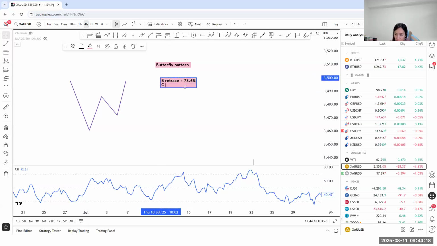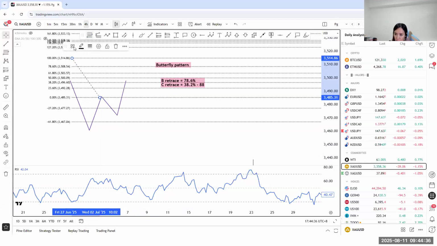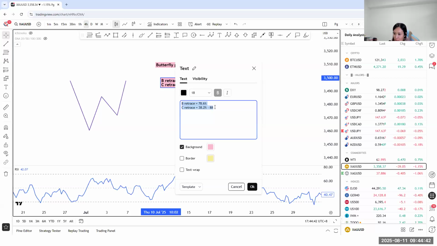C can retrace anywhere between 38.2% to 88.6%.